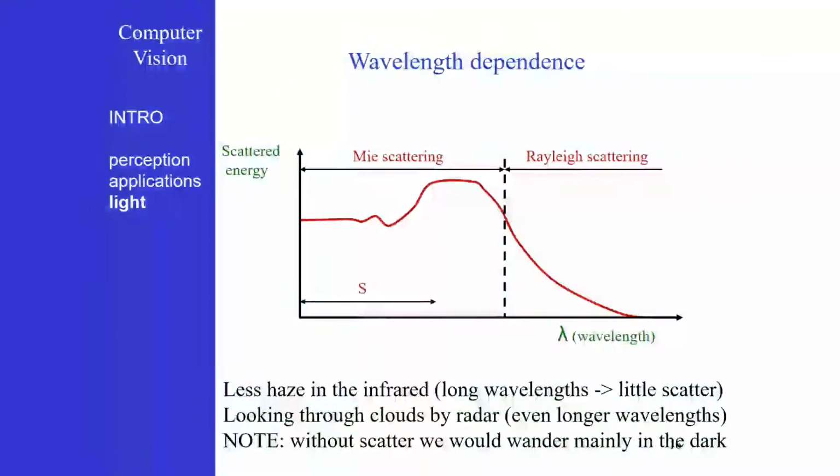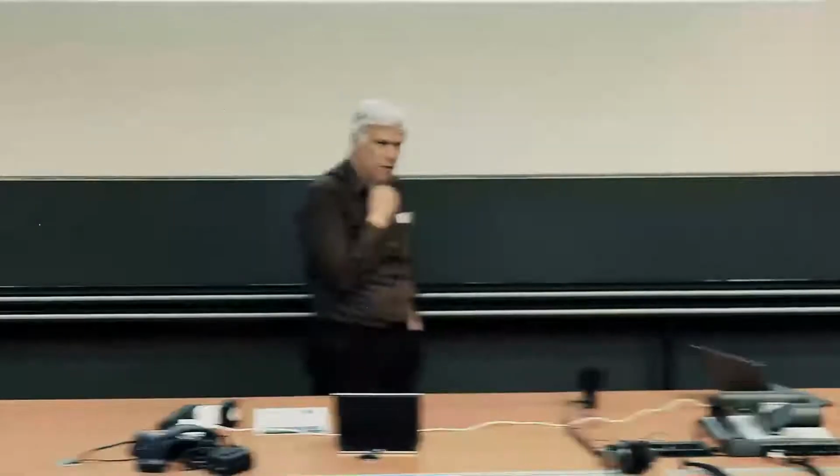Then let's go to the non-selective part of this diagram. So wavelengths that are smaller than the sizes of the particles. Again, this is something we can see in the normal atmosphere with clouds. So clouds will have water particles, water drops in them, playing the role here of the scattering particles.